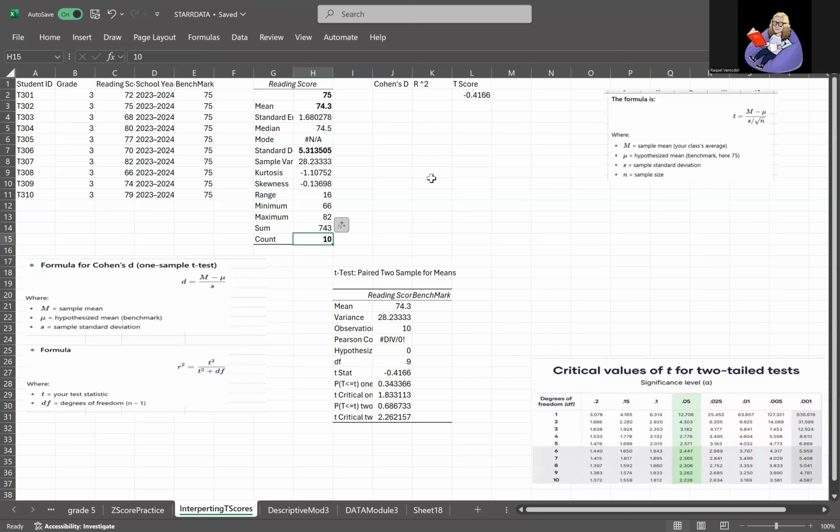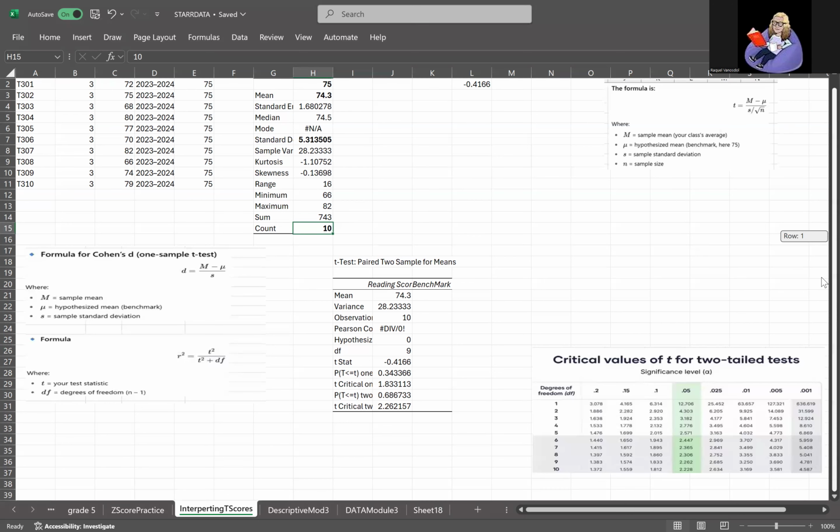The sample size is 10, minus 1, is 9. And then I'm going to go onto that table. If you see, I have the table listed here: you go to your percentage of difference, compare it to your degrees of freedom, and you come up with 2.262.